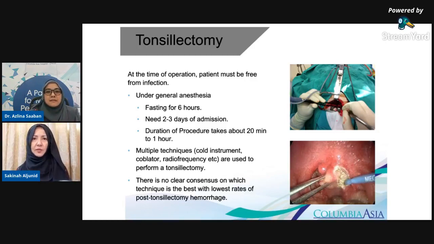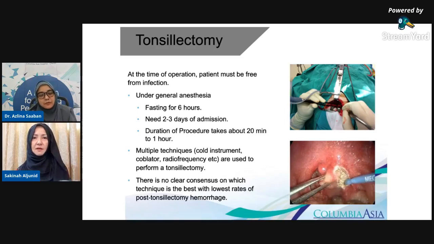And when you say surgery, is that cutting with manual tools or using laser these days? Actually, there are a few techniques and instruments, but basically the technique is about the same. We definitely need to remove the tonsil because it's a lump attached to the wall, as we saw from the previous picture.